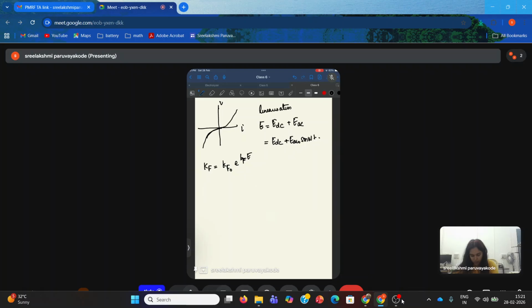So you have to write it like this: kf naught e to the power bf into (EDC plus EAC). What is EAC? It is E AC naught sine omega t.